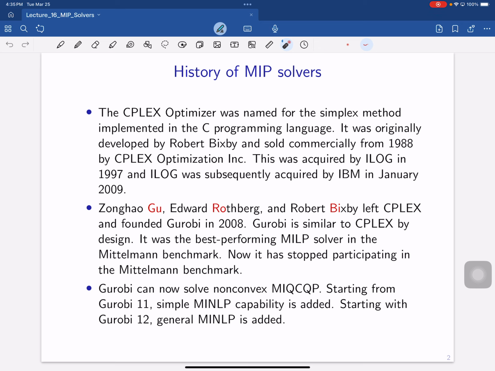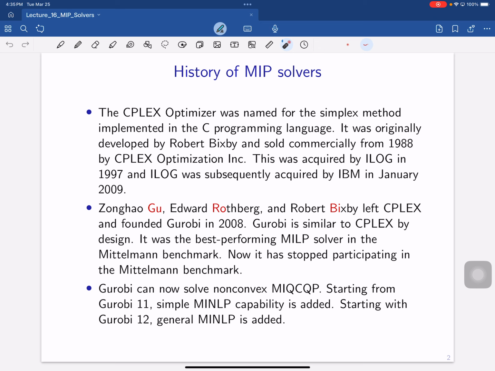So far, Gurobi is still one of the best performing MIP solvers in the Mittelmann benchmark. Until, I think, maybe 1 or 2 years ago, they stopped participating in the Mittelmann benchmark. So now if you check the Mittelmann benchmark, there is no Gurobi listed there. But up until they were still participating, they were one of the best performing solvers.